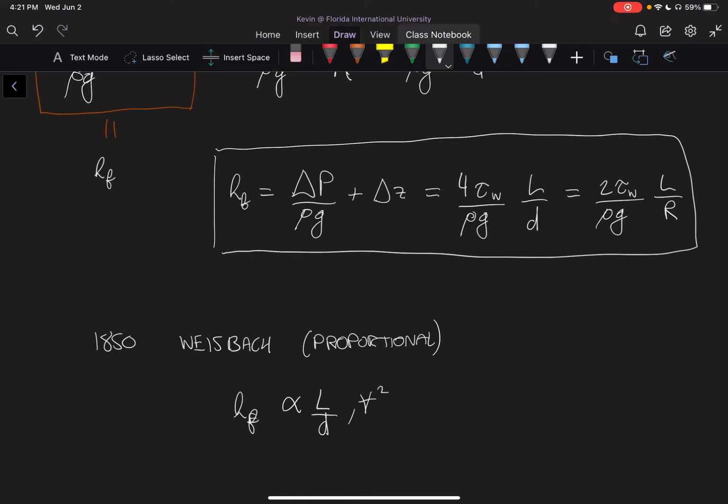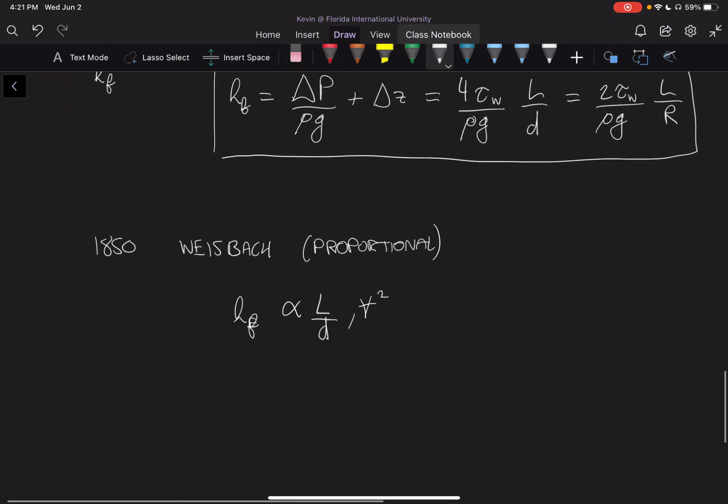And from this, he came to an equation that essentially said that HF is equal to a factor F multiplied by L over D multiplied by V squared over 2G.